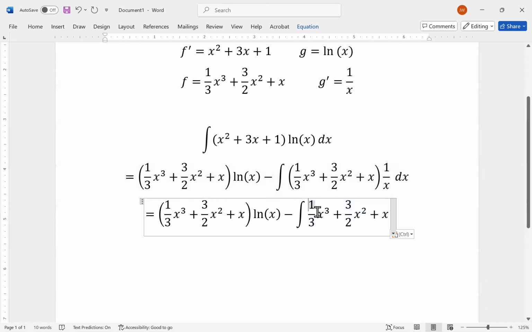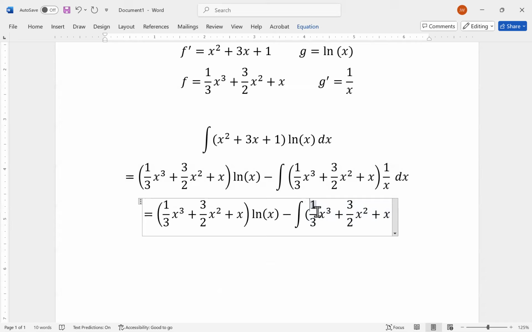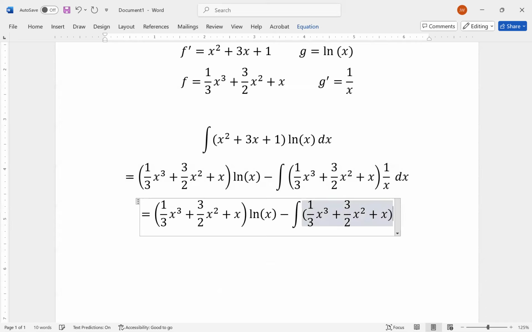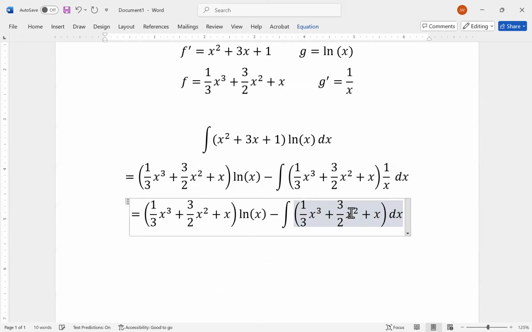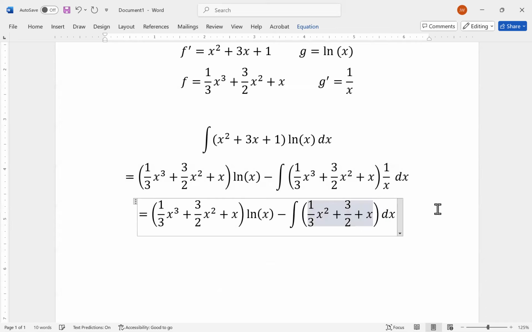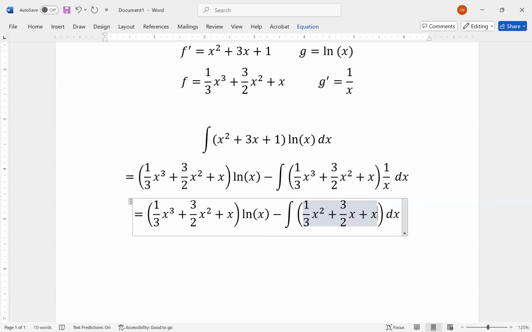is, let me put this in parentheses. So what's going to happen is that x to the third times 1 over x is going to become x squared. And the x squared times 1 over x becomes x. And the x times 1 over x becomes 1.